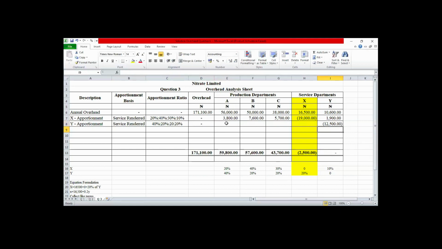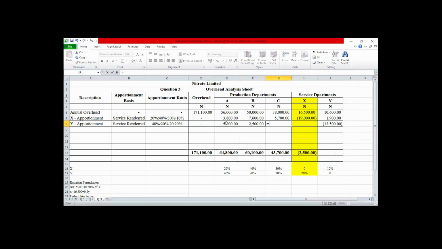Then we now share it to the other 4 departments, which is on what ratio? 40% times 12,500. The second one is 20% times 12,500.